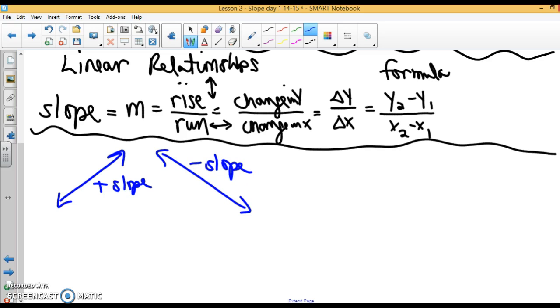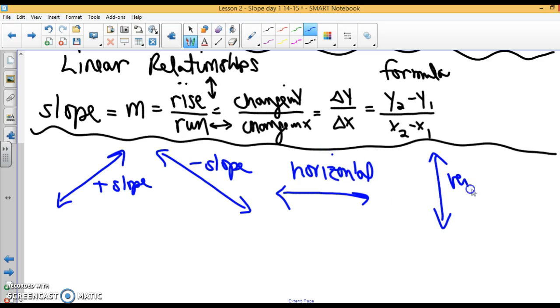Now, two other special types of lines, a horizontal line and a vertical line. I'm going to write horizontal, vertical. Now, if you look at a line that has a positive slope, it's going up.